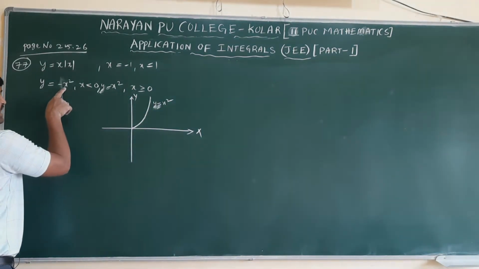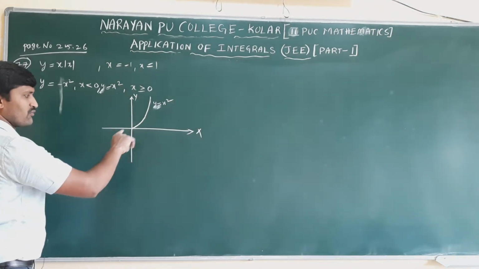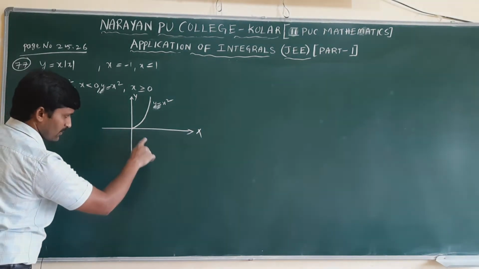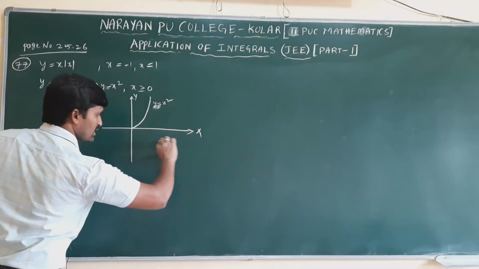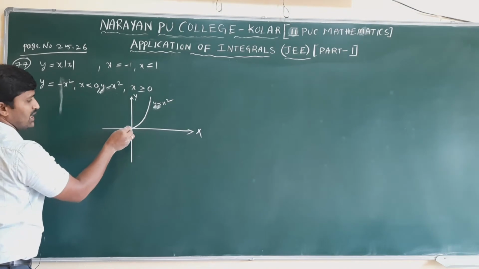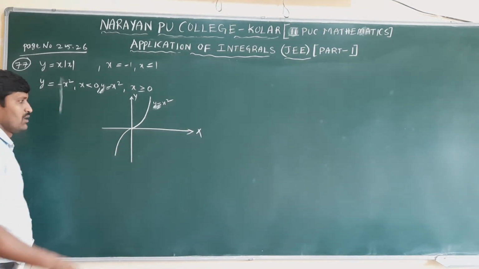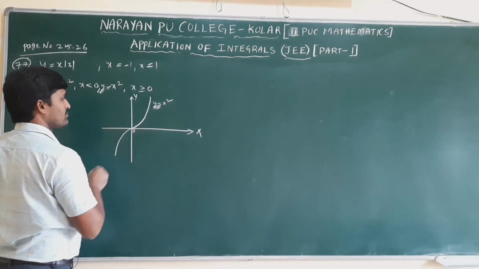Next, y equals minus x square we get in the third and fourth quadrants like this. But we are not taking beyond 0, because this condition exists only for negative values. Negative values means only one side we have to take here. Now this is the origin.